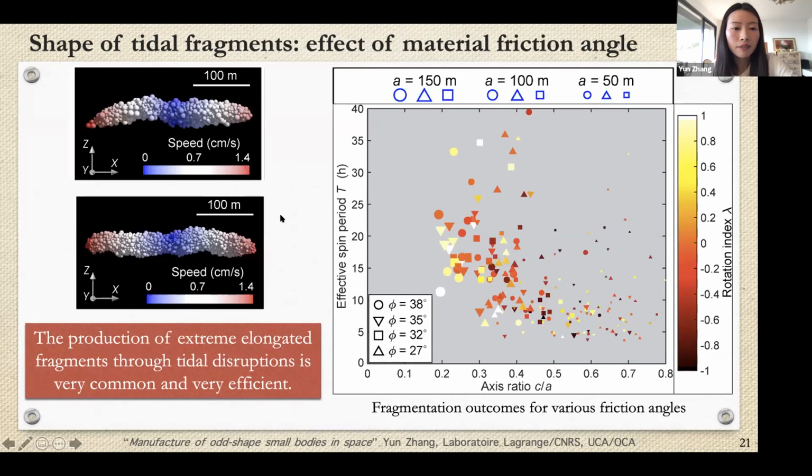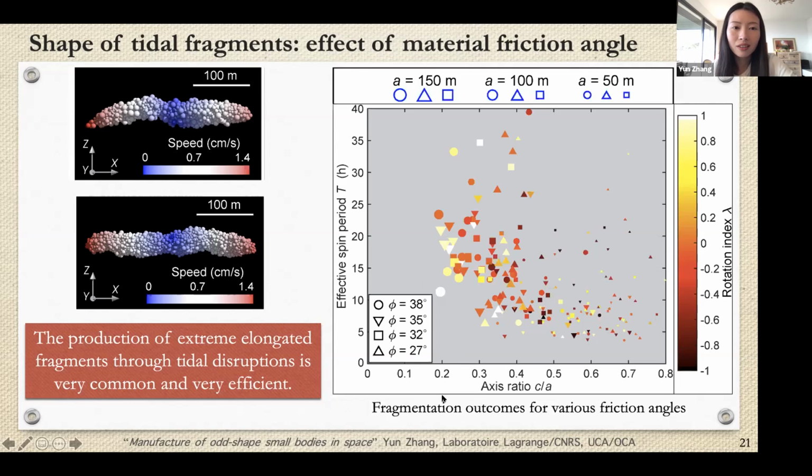And here are some examples of the elongated fragments formed by tidal disruption in our simulation. But given that our previous analysis shows the shape of Oumuamua has an axis ratio close to 0.1, we cannot achieve that kind of shape by just increasing the friction angle.